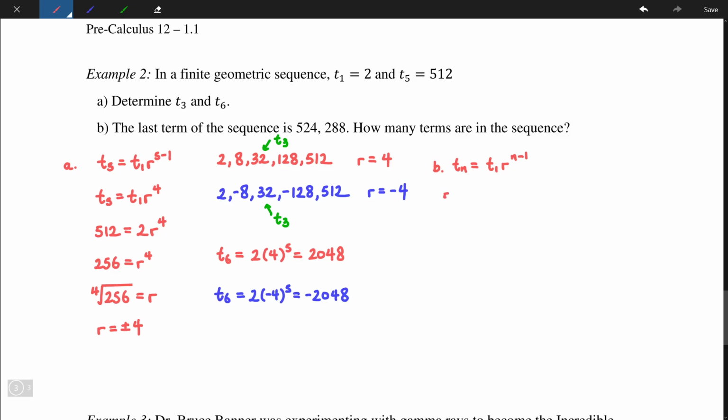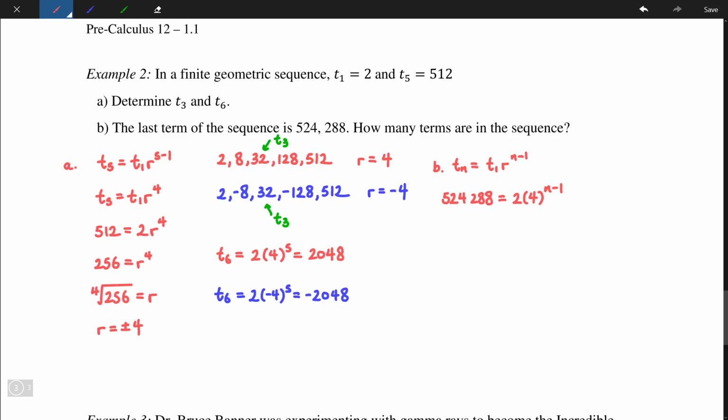We know that the nth term, the last term, is 524,288. The first term is 2. And to keep it simple, we're just going to use the positive 4 as our r value here. And then n minus 1.